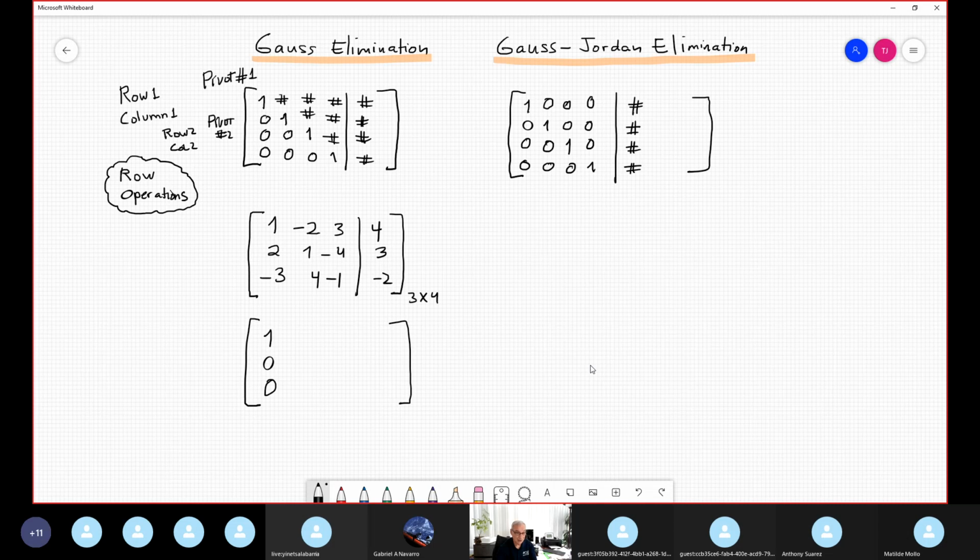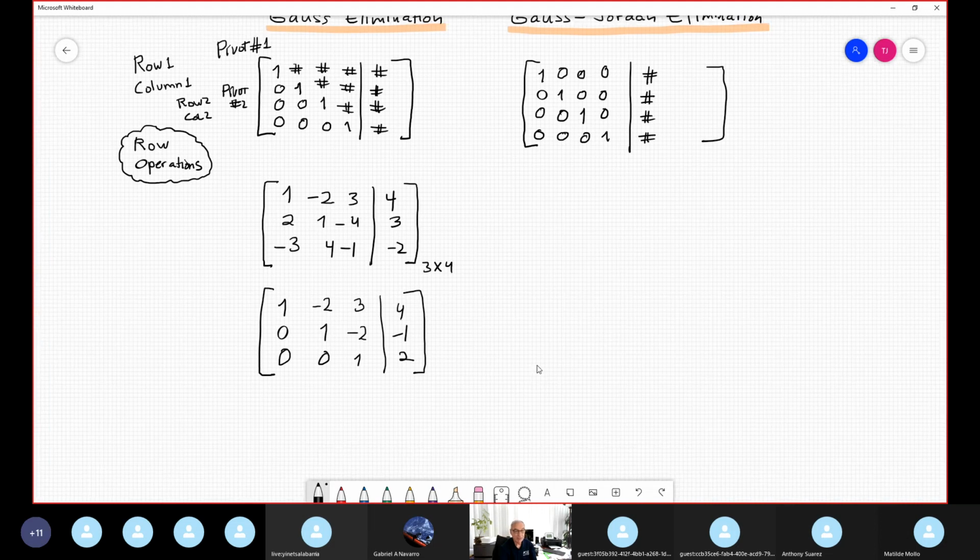You don't understand how to create 0, 0, but I want to explain. 1 is the second pivot, 0. Here is -2. Don't change that. And 1 in the third one, -2 and 3. And here we have 4, -1 and 2.